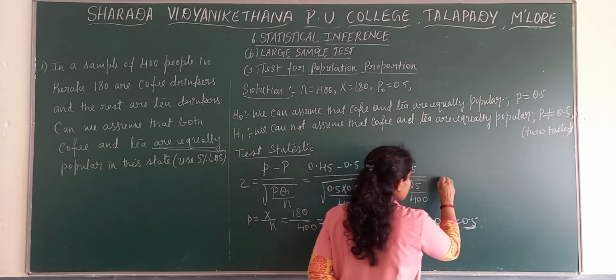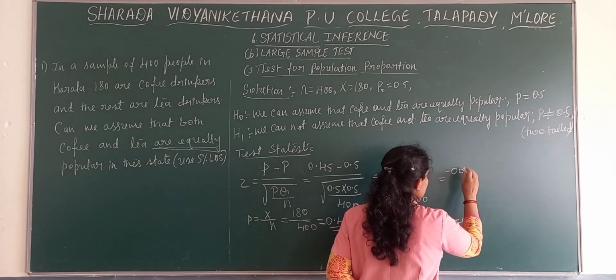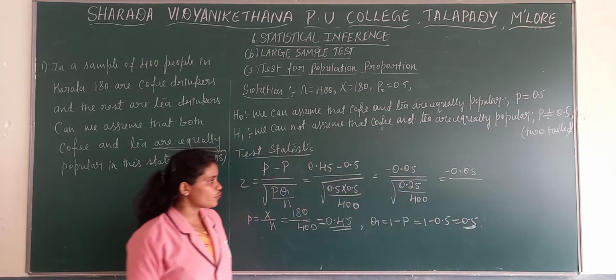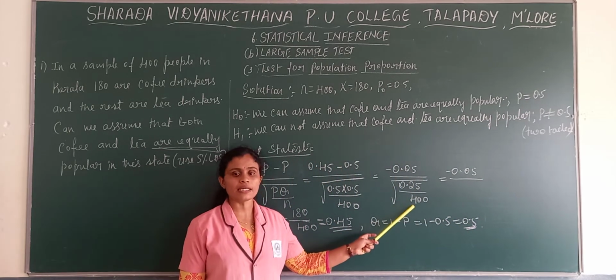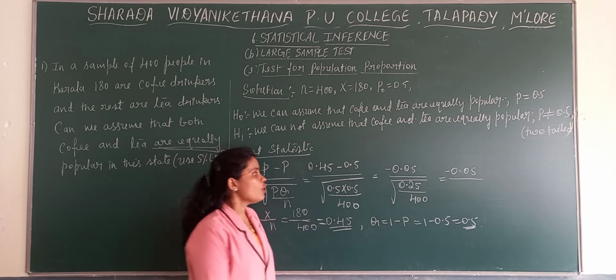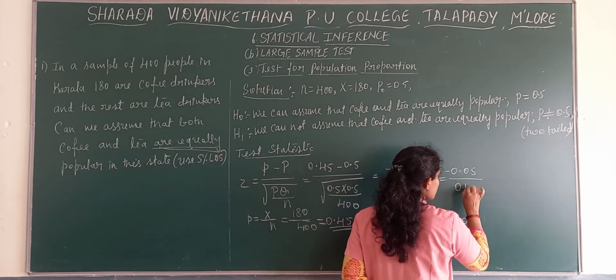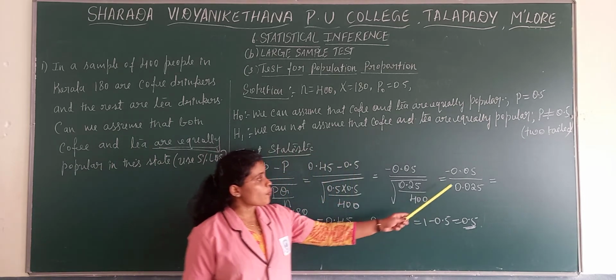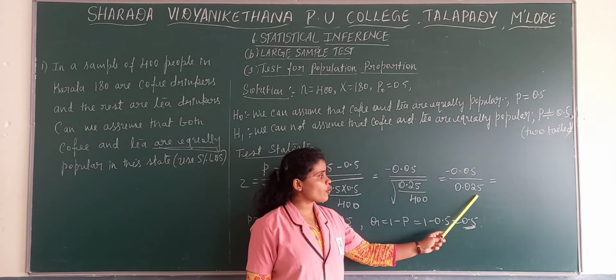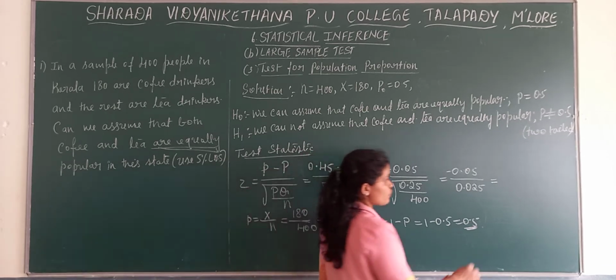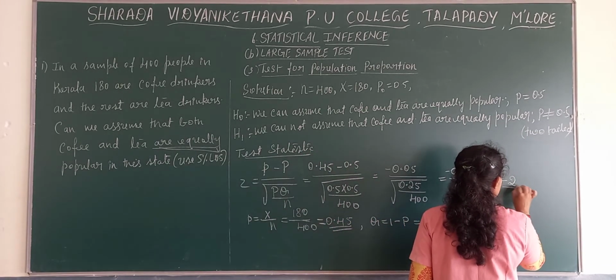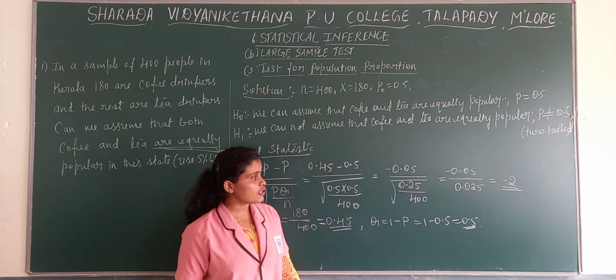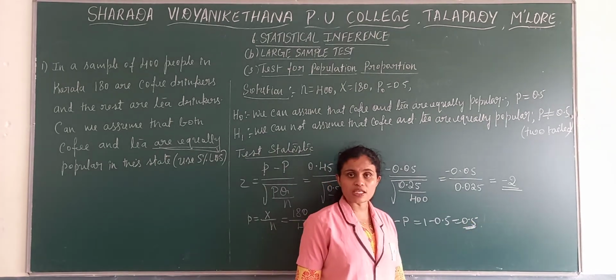Then next step, minus 0.05, then 0.25 divided by 400, and later if we take the root we get 0.025. Minus 0.05 divided by 0.025, we get the final answer as -2. So we get the calculated value as -2.